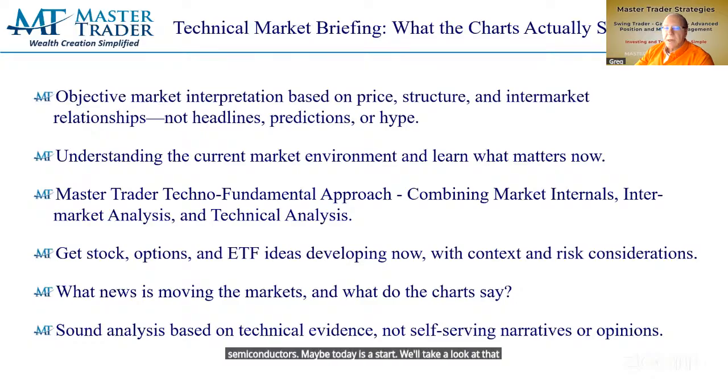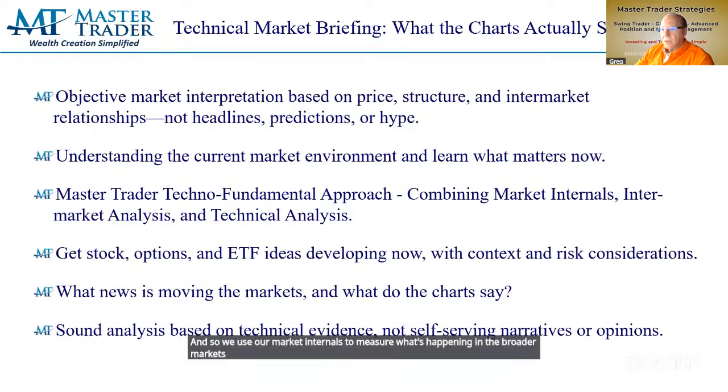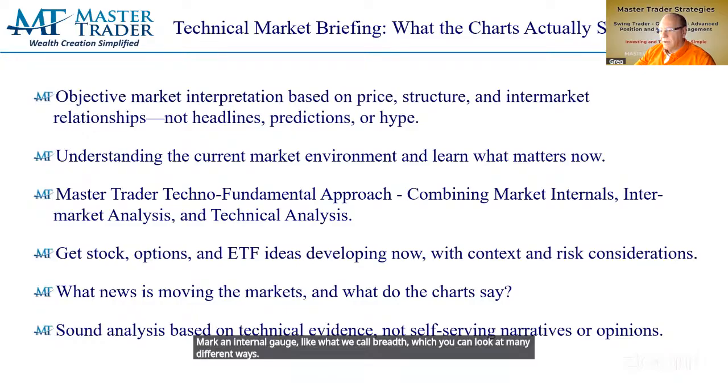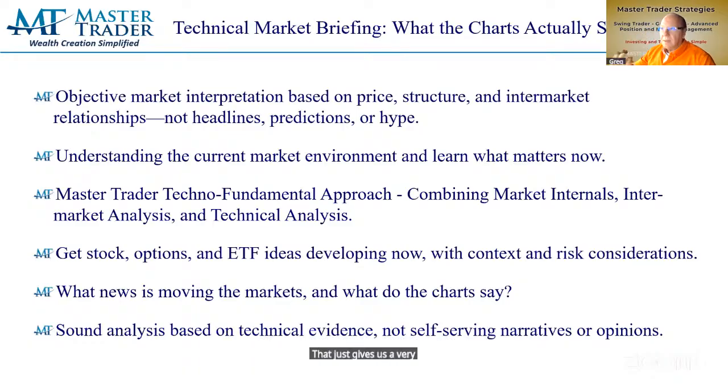And so we use our market internals to measure what's happening in the broader markets. While we can look at a market internal gauge like what we call breadth, which you can look at in many different ways, that just gives us a very broad view of a whole lot of sectors. And that makes it easy to see, from a broad strokes point of view, what's happening under the hood, as I like to say.